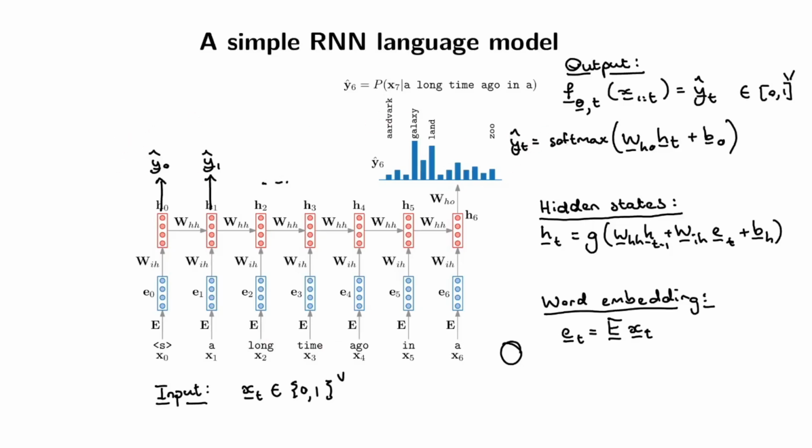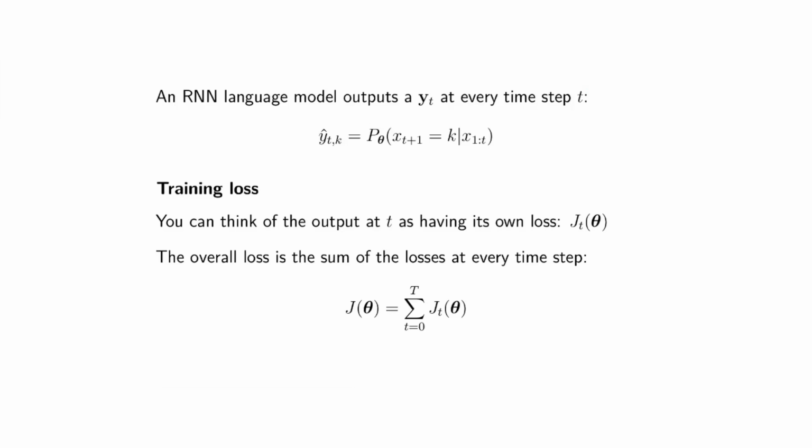Does that make sense? So an RNN language model outputs a vector y hat t at every time step. Remember, it's a whole vector. So y hat t is this vector with values between 0 and 1, and they sum to 1.